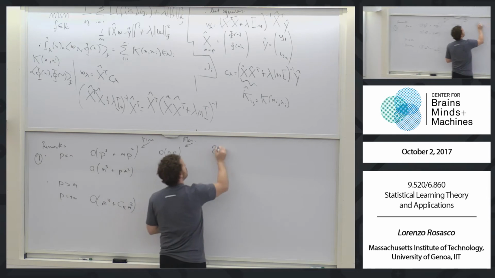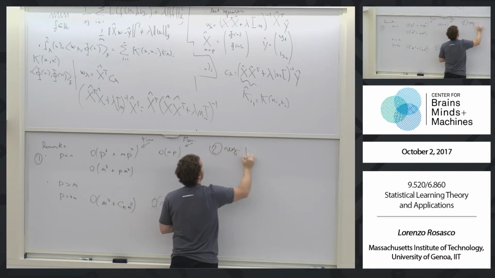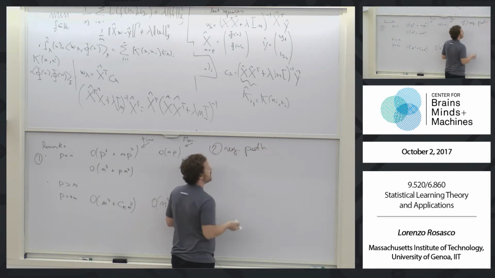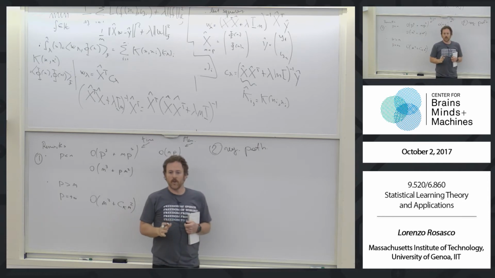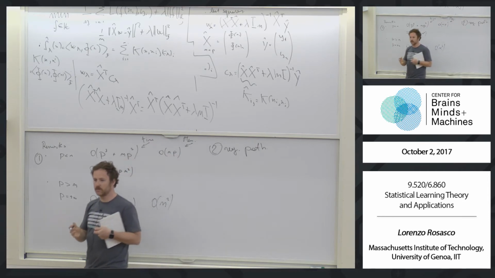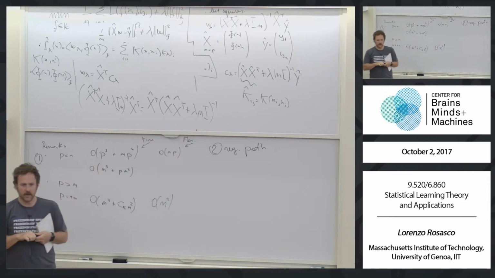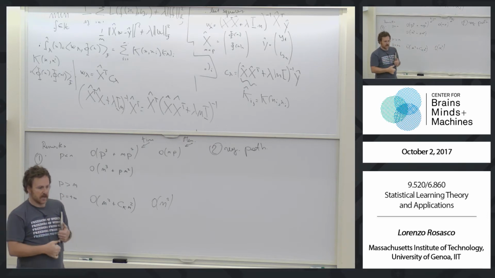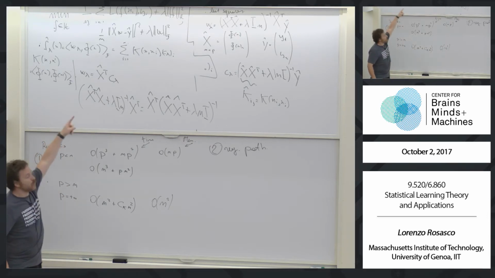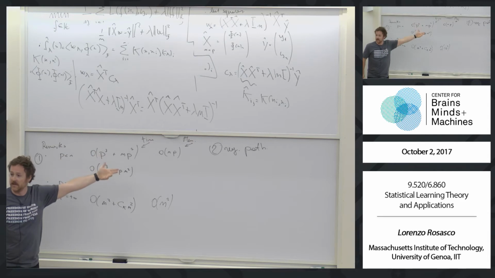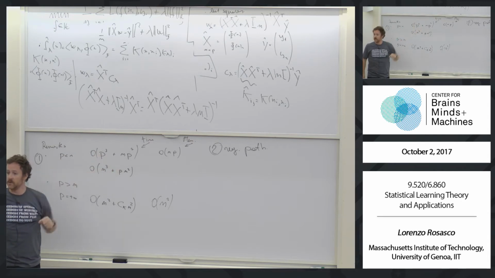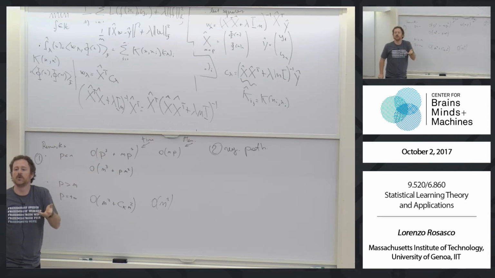The second remark is about what we call regularization path. Basically, the idea here is that when you look at the real computation that you have to do when you solve a problem, you compute this solution for many values of lambda, and then choose one of the values of lambda by checking how good the solution is in some sense. Okay?